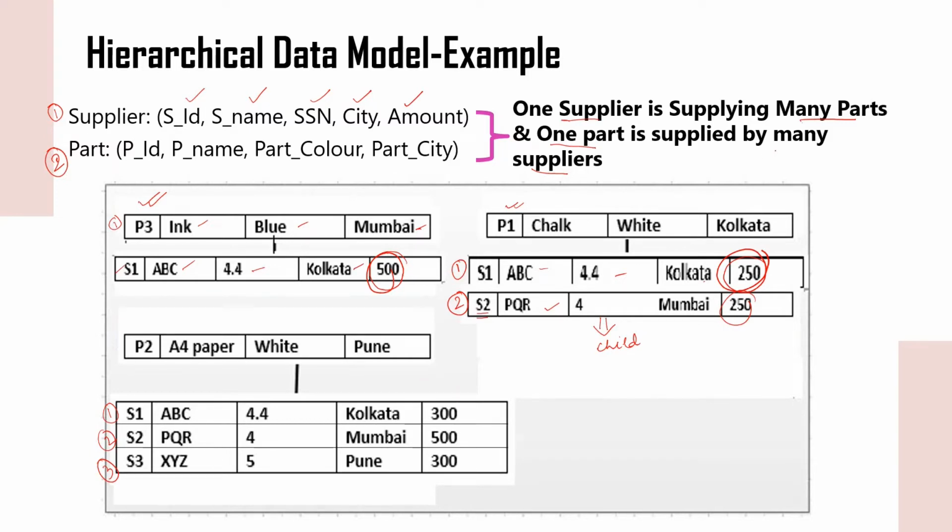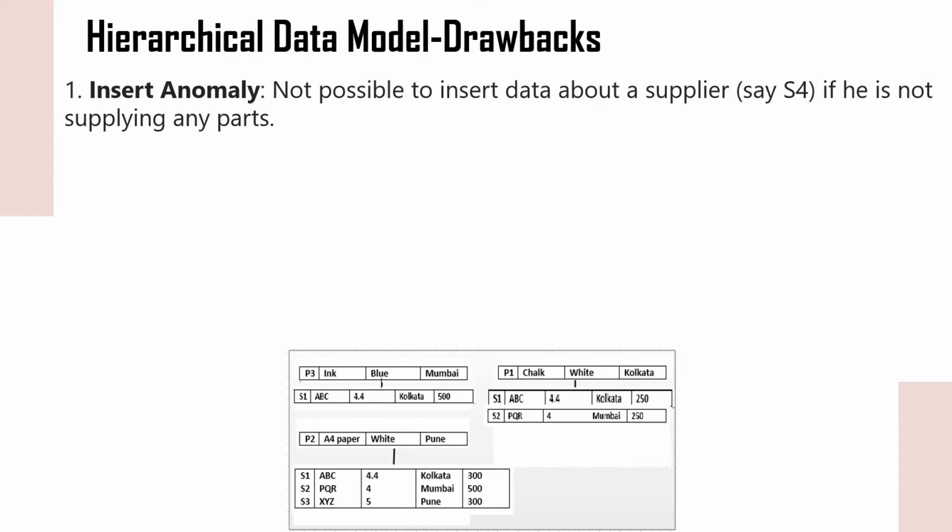Now we will understand where actually the problem lies. You can see there is an insert anomaly in this particular parent-child relationship. Because what is insert anomaly in this case? We can't insert data about a new supplier if he has not yet supplied any parts.